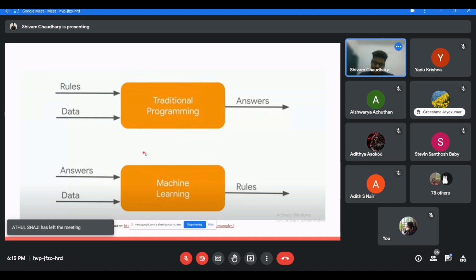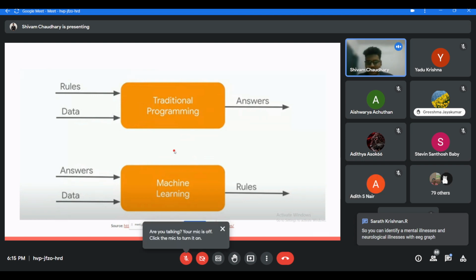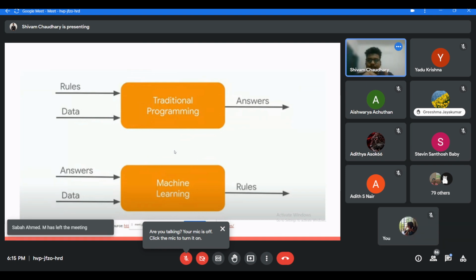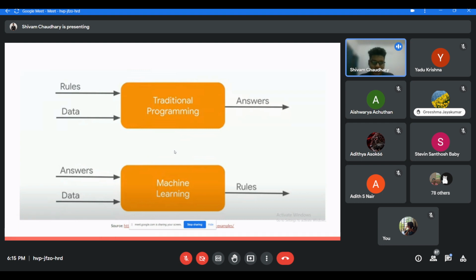Moving on. What machine learning does differently is that we give the question and we give the answer to the machine learning algorithm. It figures out the rules that we use to get those answers. So in EEG, what we do is we give the EEG data and we give the corresponding activity, say half a second of data.